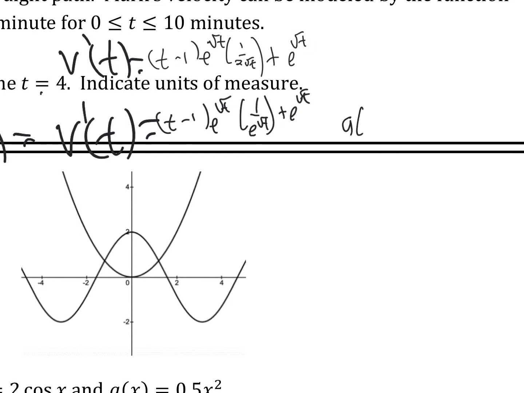Acceleration at 5 is v prime at 5, which is 5 minus 1 is 4, 4e to the square root of 5 times 1 over e to the square root of 5 plus e to the square root of 5.